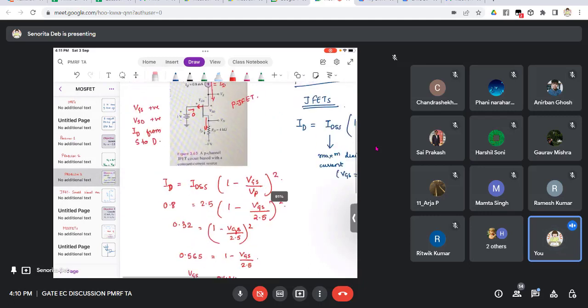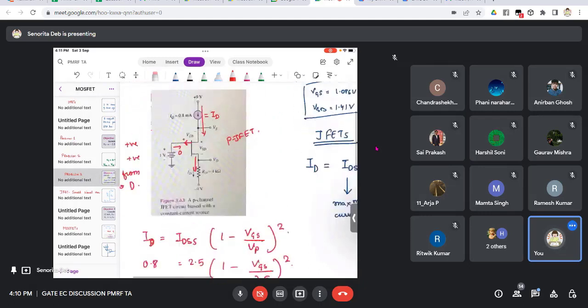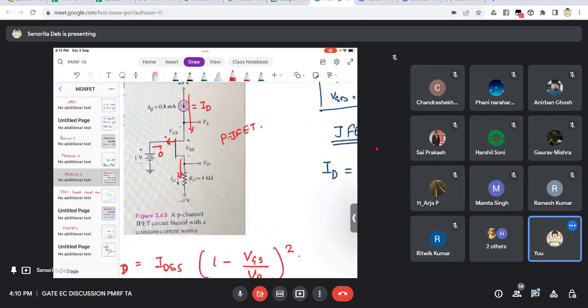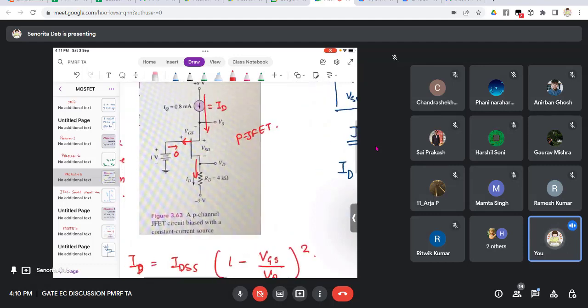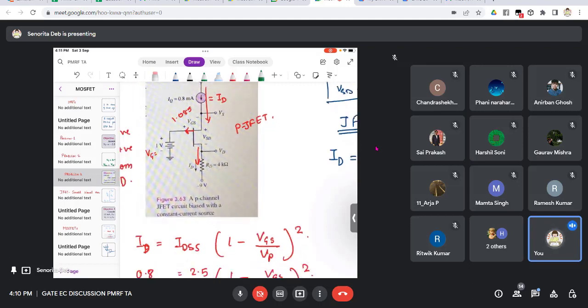Now we will find VSD from here. How will you find VSD? You see here VGS is given, right? This VGS we just found out, 1.085. Now VG is given, VG is 1 volt. So what you will do? You put a KVL in this loop, not here, because the VSD is unknown, so we cannot put a KVL here.